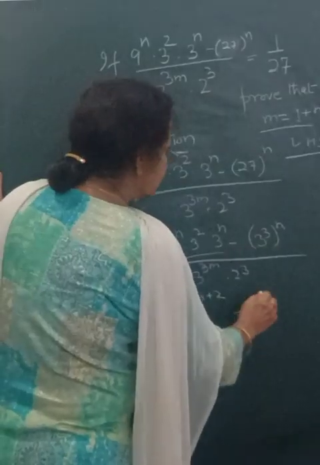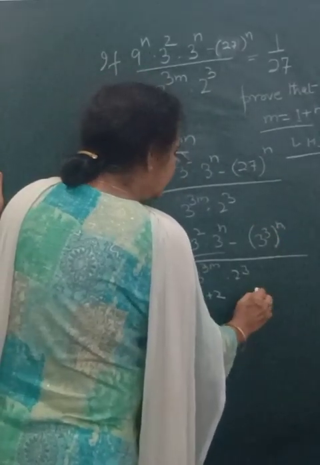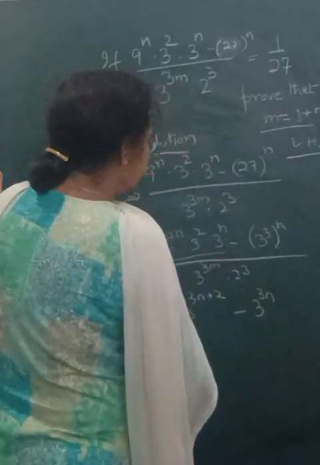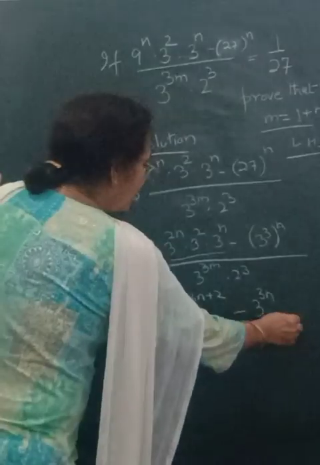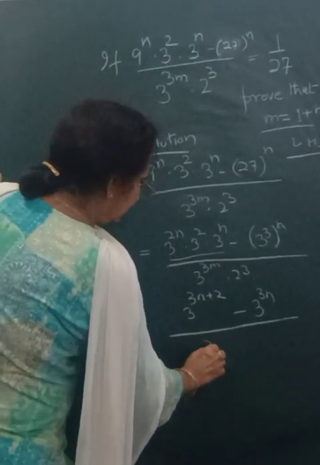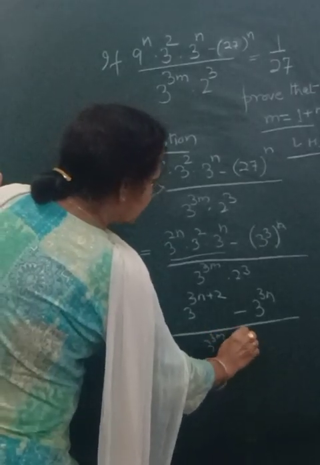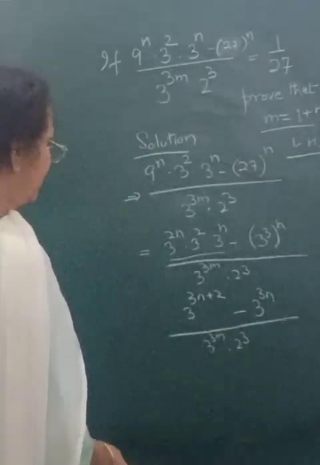Minus this, because it is inside the bracket, it gets multiplied by 3, so it is 3n. Upon 3 to the power 3m will remain same, no change at all, into 2 to the power 3.